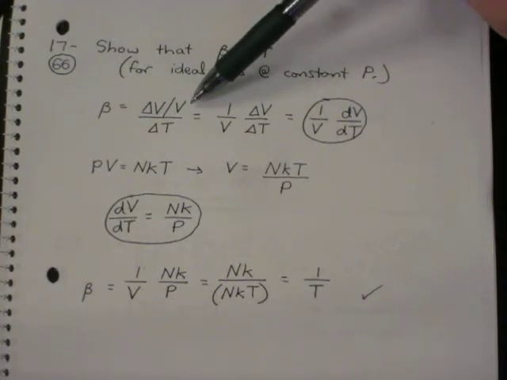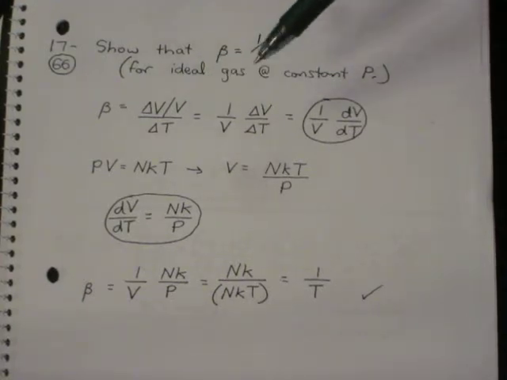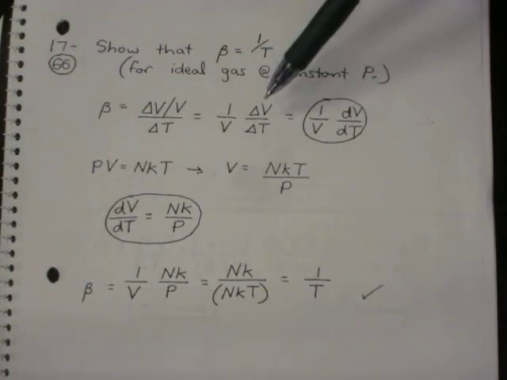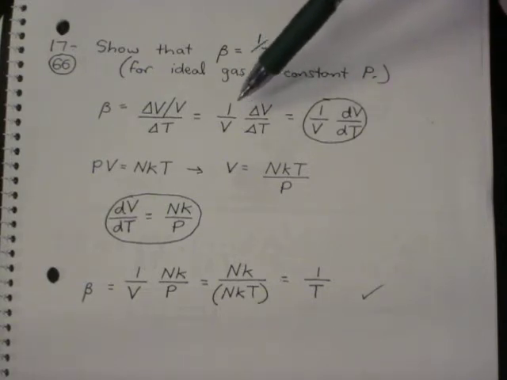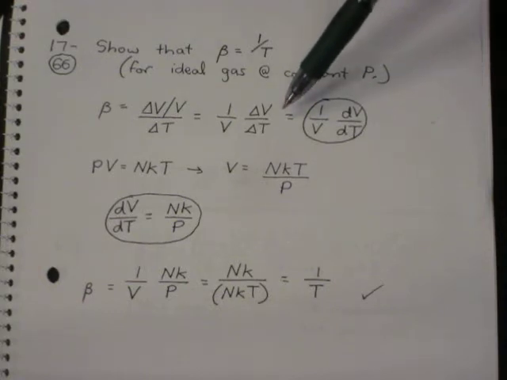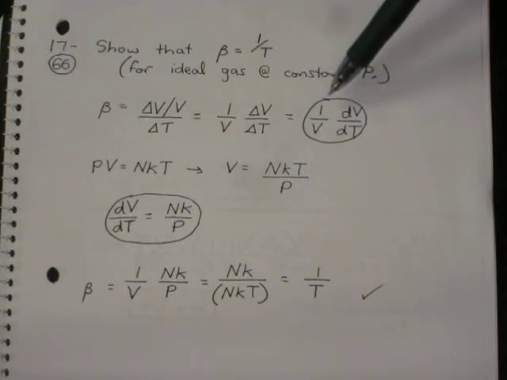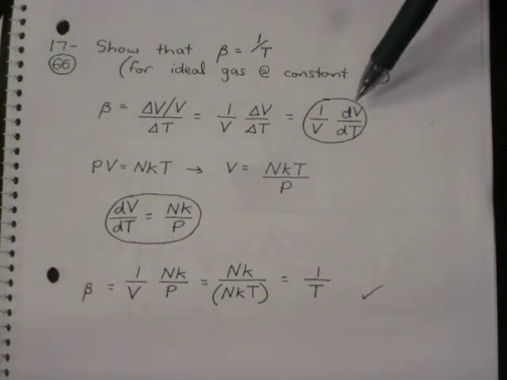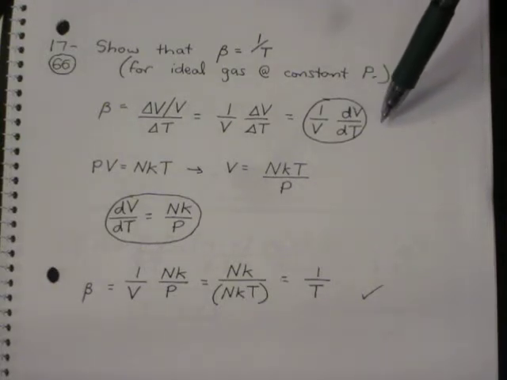So delta V over delta T. We change this around, we'll say that's going to be 1 over V times delta V over delta T. We're going to turn that into small increments using the notation of calculus, and we're going to say that's going to be 1 over V times the rate of change, dV/dT.